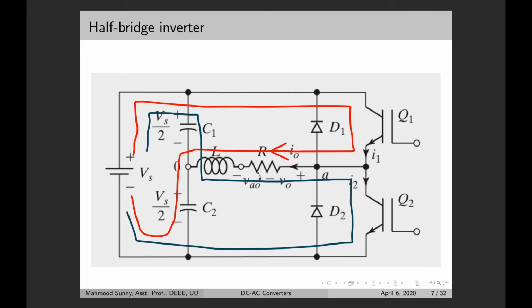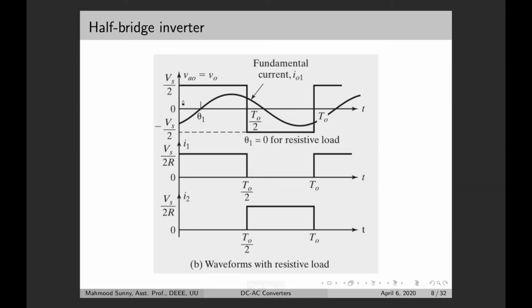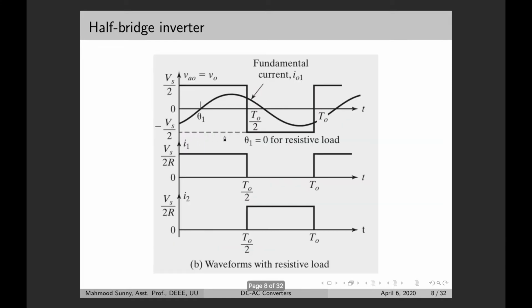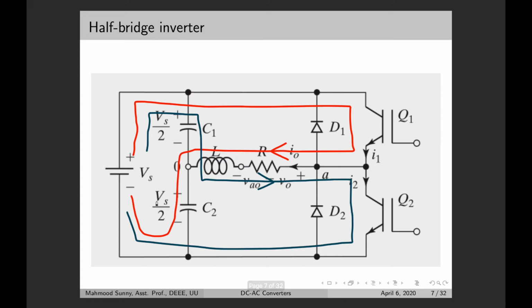So now the direction of the current flow is from left to right. So here we can see that when Q1 is on, then we get a voltage of Vs divided by 2, and when Q2 is on, then we get a voltage of minus Vs divided by 2.